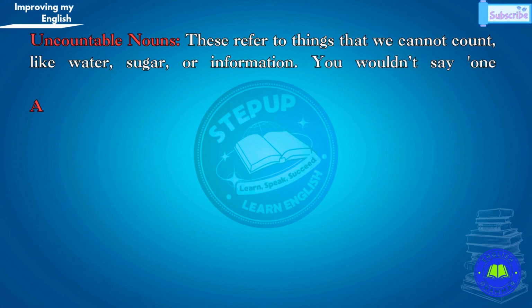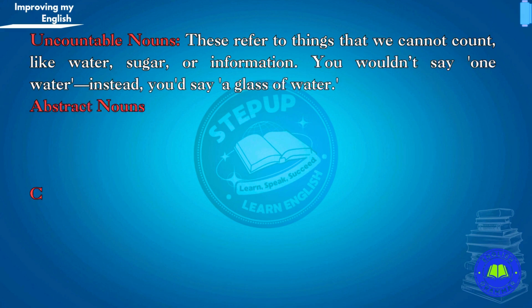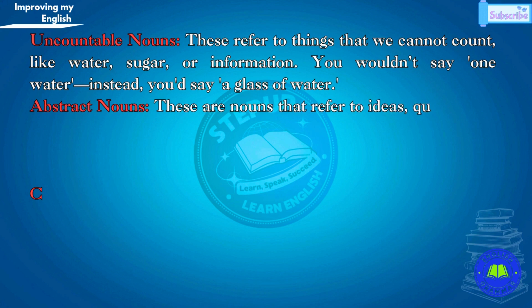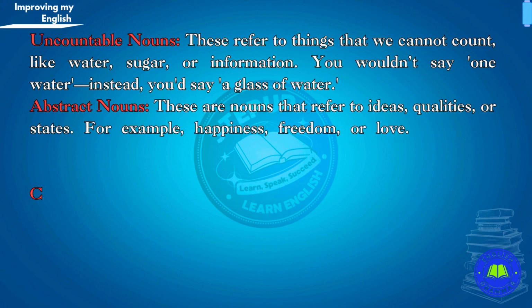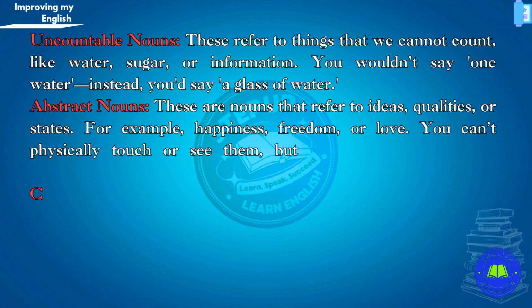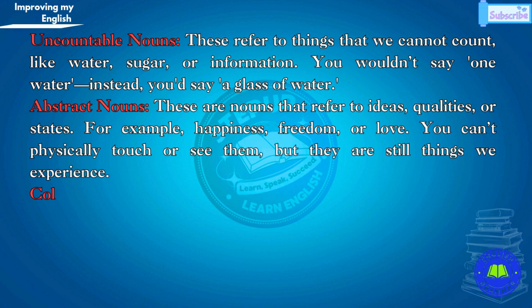You wouldn't say 1 water. Instead, you'd say a glass of water. Abstract nouns. These are nouns that refer to ideas, qualities, or states. For example, happiness, freedom, or love. You can't physically touch or see them, but they are still things we experience.